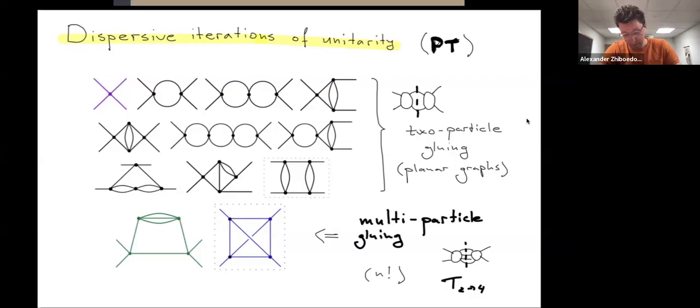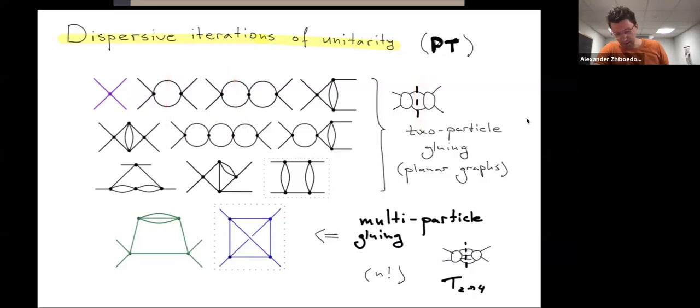We started considering perturbation theory, and we just took as a seed these 4 points, and then we iterated, and we saw that in fact, yes, it looks like the whole perturbation theory. We can think of this in the Bootstrap terms as a dispersive iteration of unitarity, and there are many graphs which you can obtain by this basic gluing operation where you glue along the 2-particle cut, like here, etc.